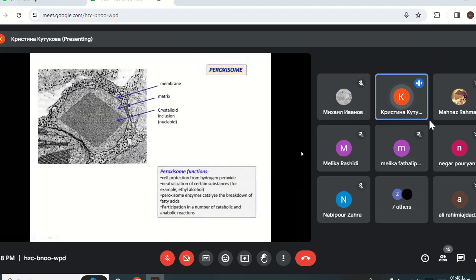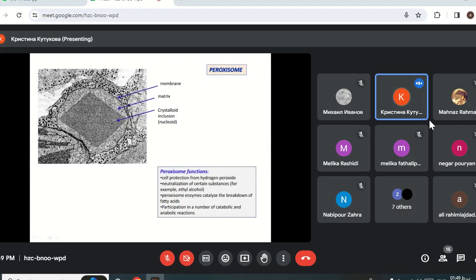Next, peroxisome is a small organelle, also with one layer of membrane covering it, and its content has this very funny looking so-called crystalloid or nucleoid. Actually, it's the mixture of specific enzymes of peroxisome.